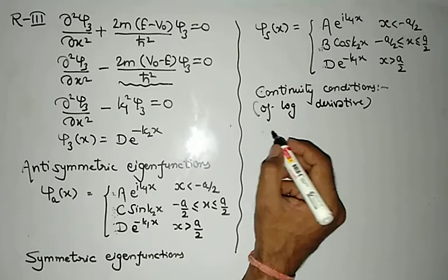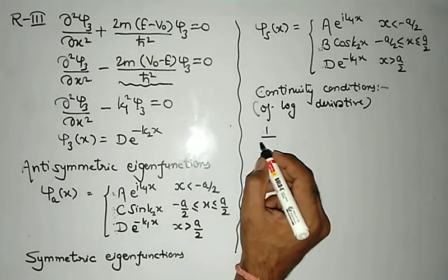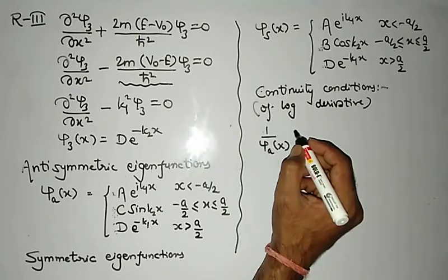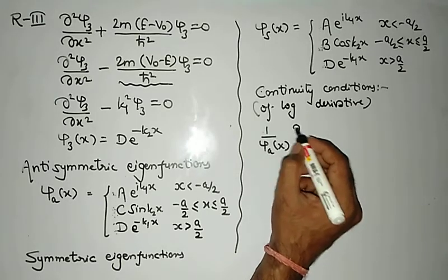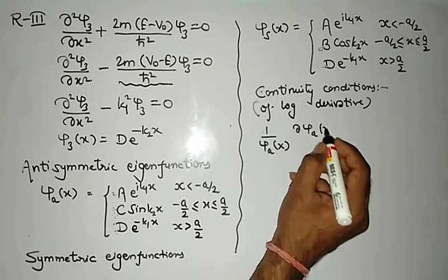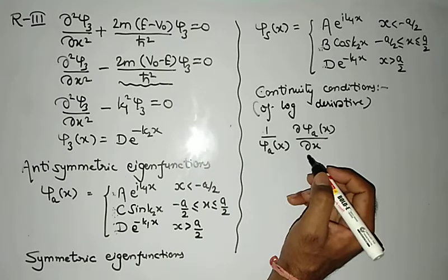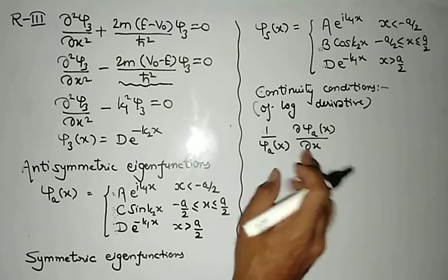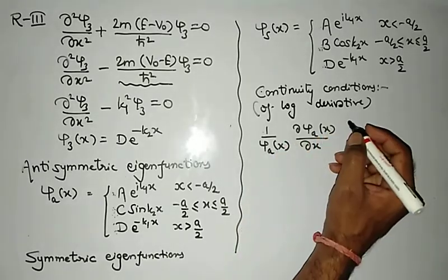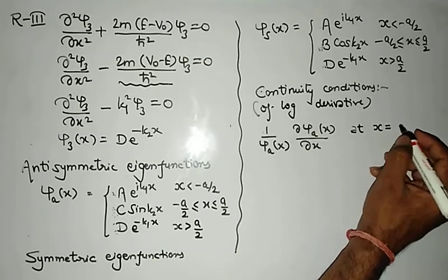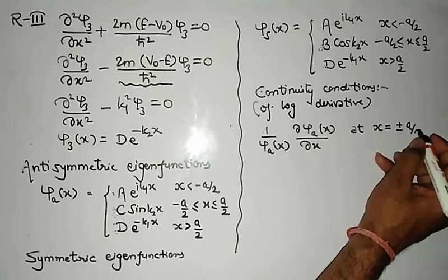So writing 1 upon psi x, deva psi a x upon deva x. This is of psi a, at x is equal to plus minus a by 2.